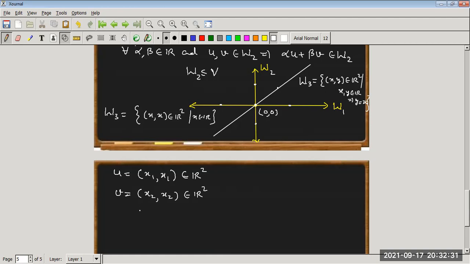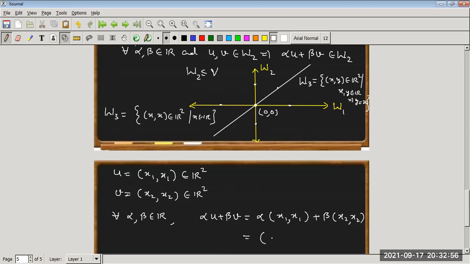Now what do we have to check? You can take any alpha, beta belonging to the field R: alpha u plus beta v. This is alpha into (x1, x1) plus beta into (x2, x2).